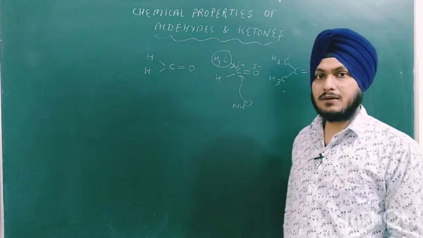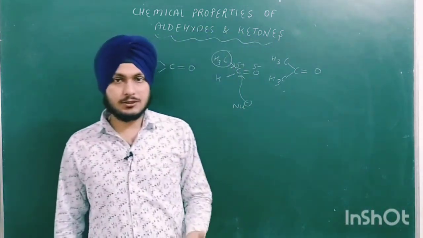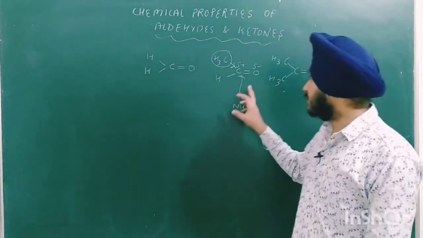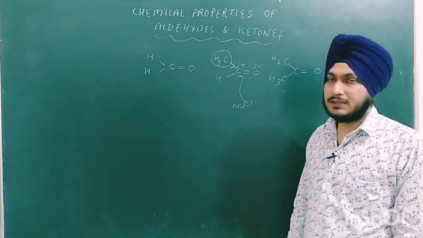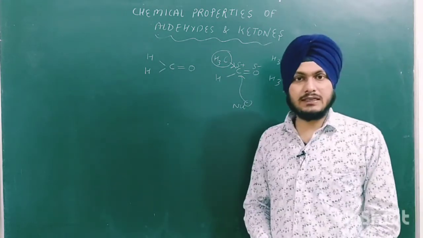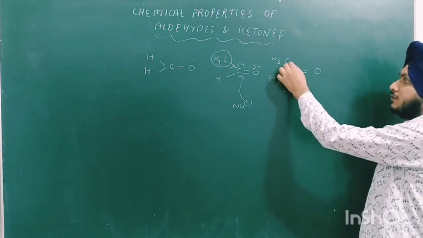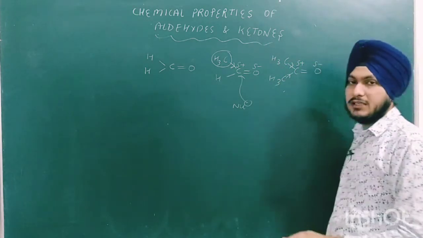So as the number of plus I groups increases, the ease of nucleophilic addition reaction decreases, because the partial positive charge on the carbonyl carbon decreases. Similarly, if we have two plus I groups, then the positive charge will decrease more.